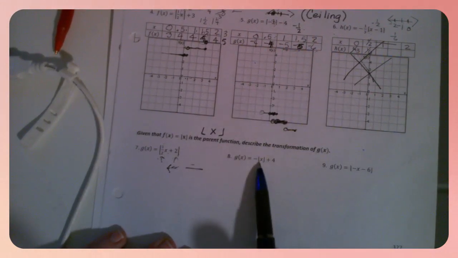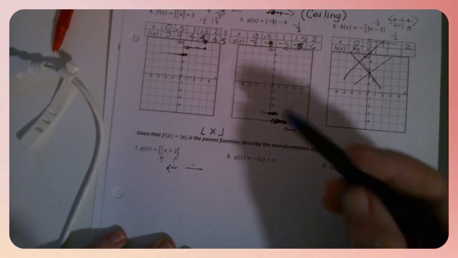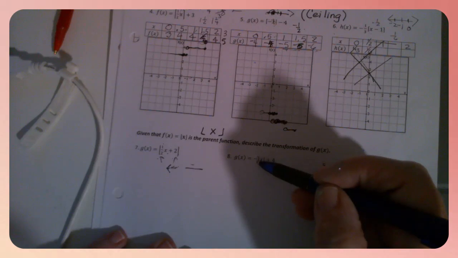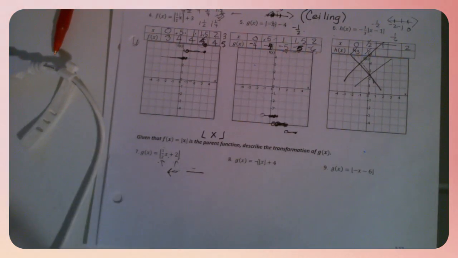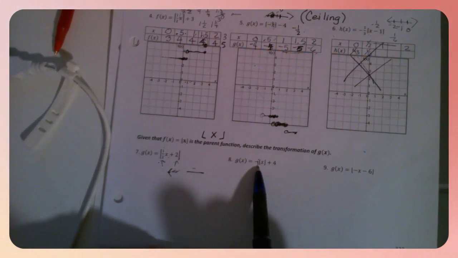For this one, we're adding 4 on the outside, and then we have a -1 here. So think about what the video that you watched said, and then let's put that into play. For this one, the -x, let's see what happens. Let's go to the +4.